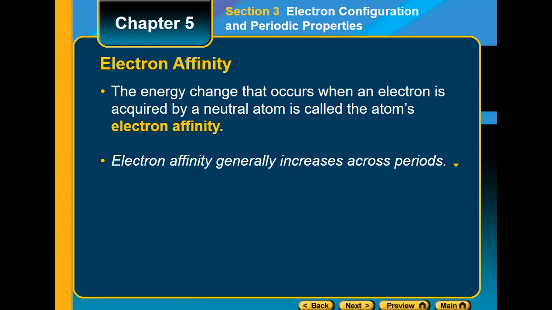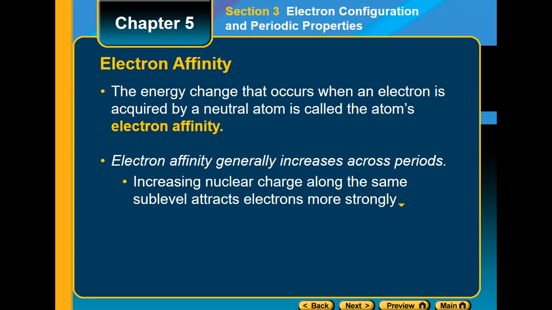Electron affinity has somewhat the same gradation as the ionization energy. Electron affinity generally increases across the period because of the increasing nuclear charge, that means as the number of protons increases, the atom strongly attracts electrons. That means it easily gains electrons, so the electron affinity increases as we move across the period.